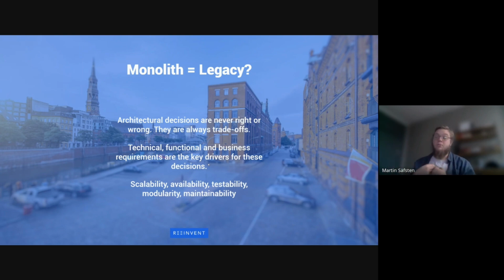Are you as a developer able to scale and improve and expand the functionality of a system? Is the system testable? Are you able to have automated tests? Is it easy to write new tests so that it prevents future side effect bugs? And is it maintainable? Is it easy for you to solve bugs and get them out to customers as fast as possible?